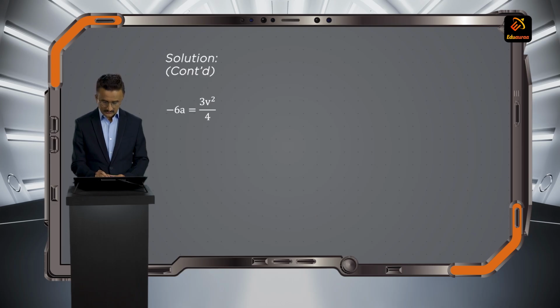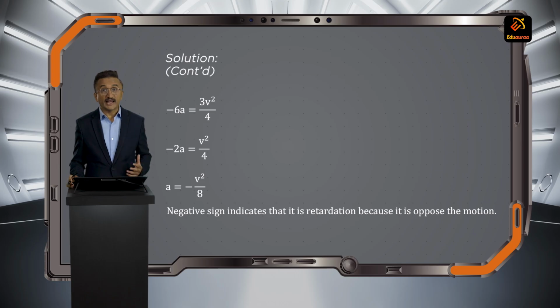So minus 2a is equal to v square by 4. Therefore, a is equal to minus v square by 8. The negative sign indicates that it is the retardation, because it is going to oppose the motion. So here I have got the first quantity, the acceleration of the body.